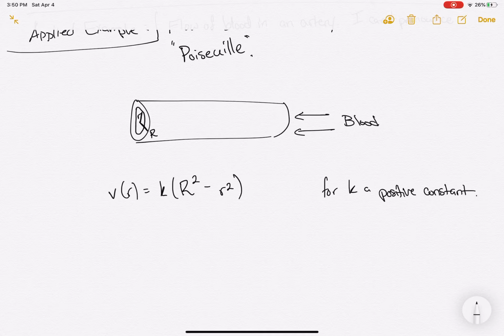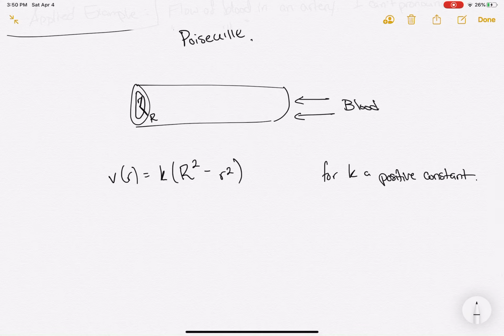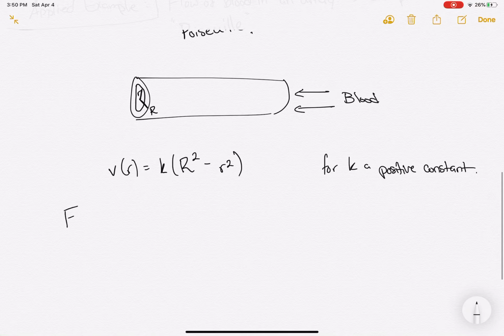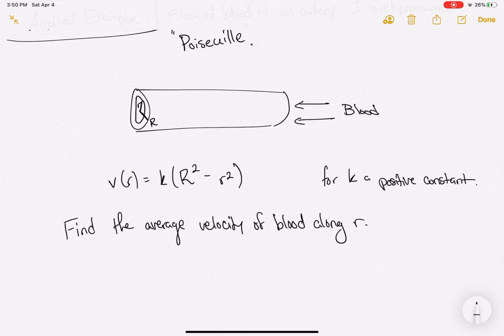The problem asks to find the average velocity of the blood along a radius of the artery. Along little r. So this is maybe tricky to think about right away.